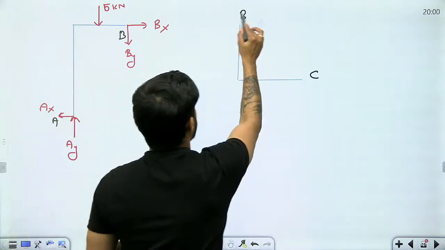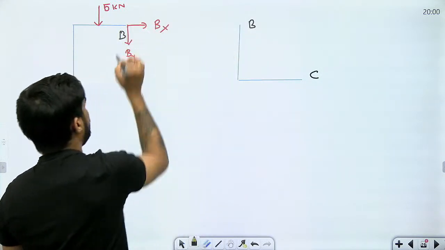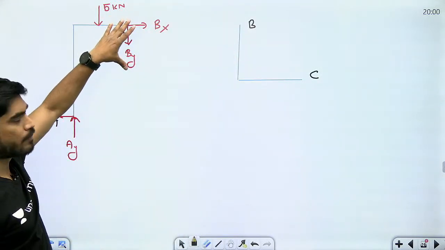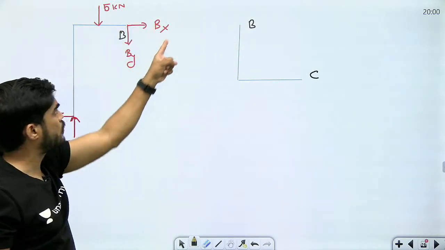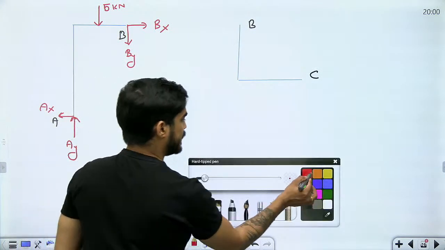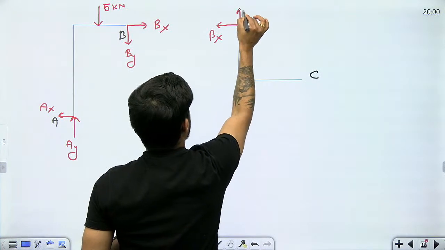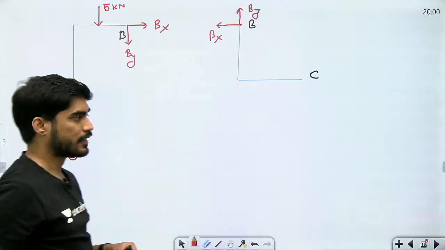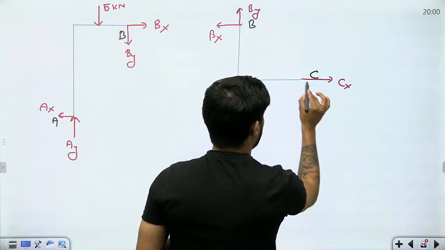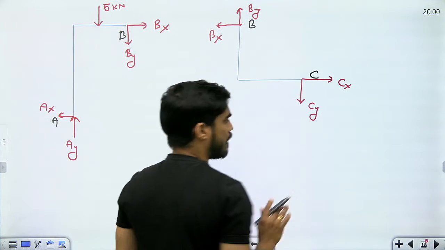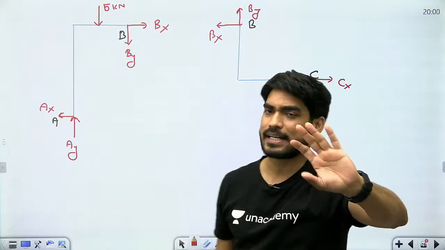Okay, now understand beta, whatever direction you have assumed at point B here for BX and BY, you will get equal and opposite forces here. यहां पे B पे जो force मिल रहा है उसका just equal and opposite यहां मिलेगा. So here BX will be like this and BY will be like this. Okay, then here I will have CX and CY. So at every joint I am getting one reaction in X and one reaction in Y.